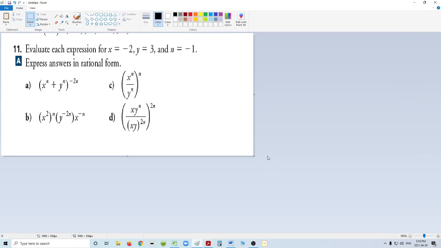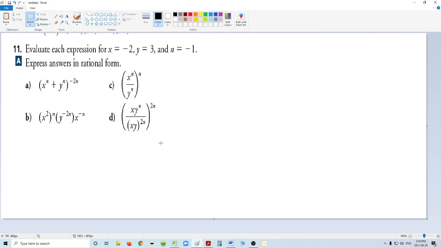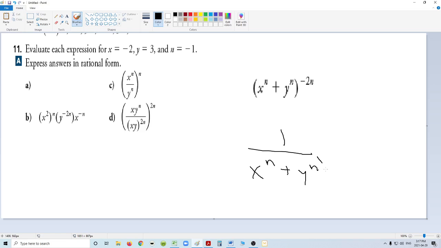So the smartest thing to do for these is evaluate. Okay. So when I resolve this, it's really 1 over x to the n plus y to the n, all to the 2n.